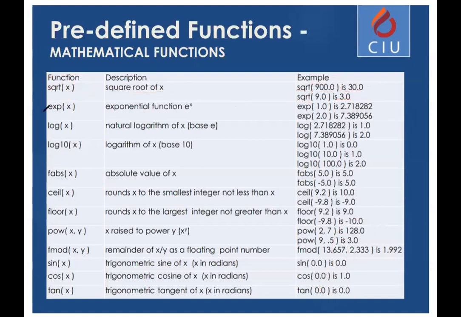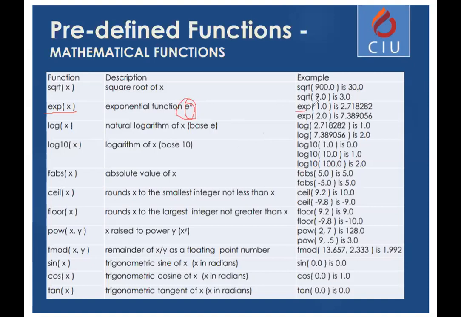The next one is exponential. Exponential is basically the inverse of the logarithm, particularly the natural logarithm. And if you actually look at the numbers, you will see that it's completely the inverse. An exponential is represented as e^x, where x is the value that you want to find the exponential of.